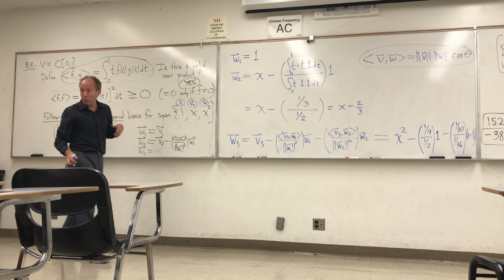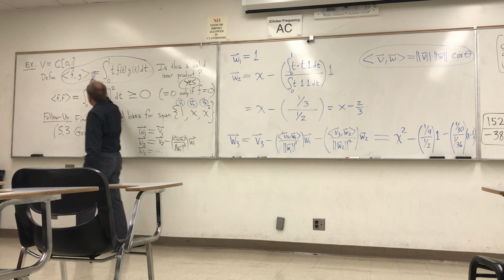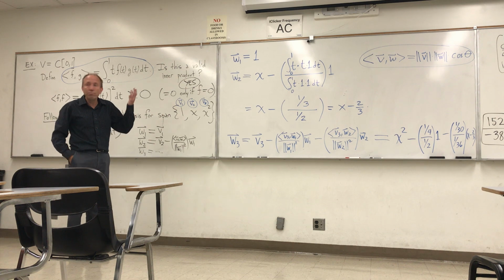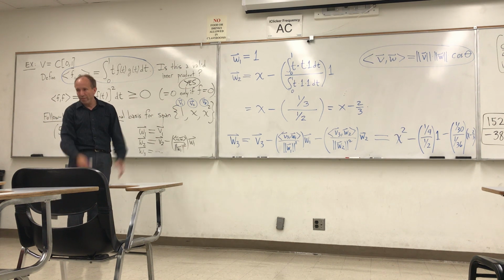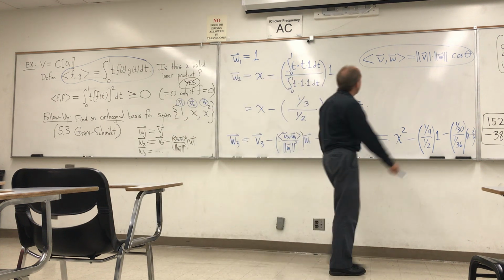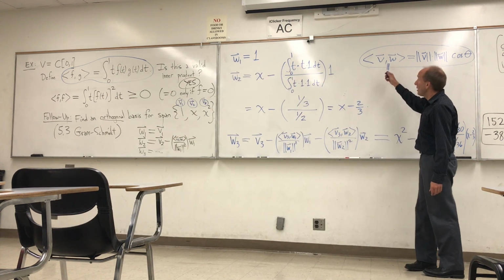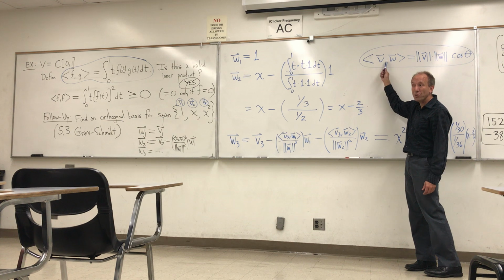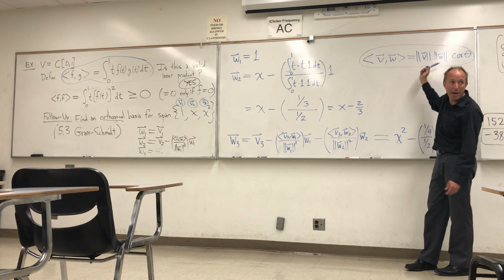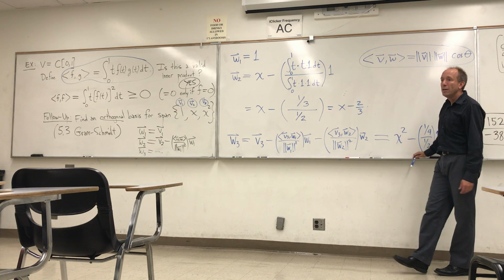Here it might be polynomials. So I would ask you, okay, find, well, it doesn't even have to be polynomials. Find the angle between, you know, sine of x and cosine of x. Something like that. So then you'd have to use this formula here, figure out the inner product of sine of x and cosine of x. Figure out the magnitude of sine of x, figure out the magnitude of the cosine of x, and solve for theta.